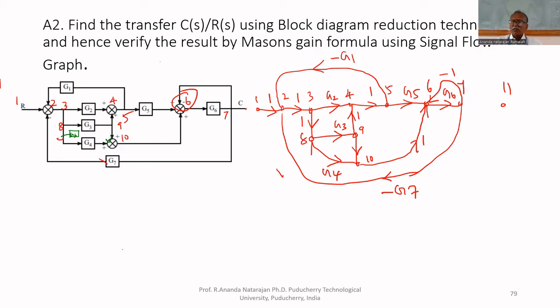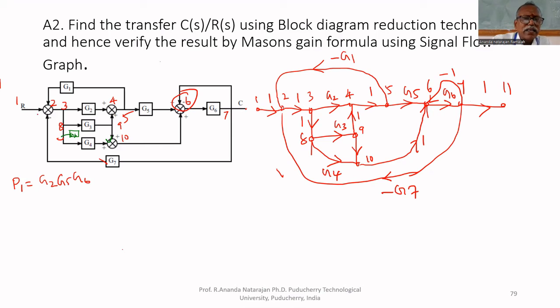Now, how many forward paths are there to reach from 1 to 11? This is gain 1. P1 equal to 1, 2, 3, 4, 5, 6, 7, 11. So what are the gains? G2, G5, G6.